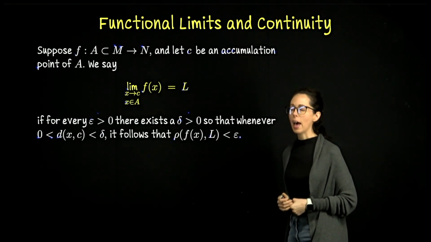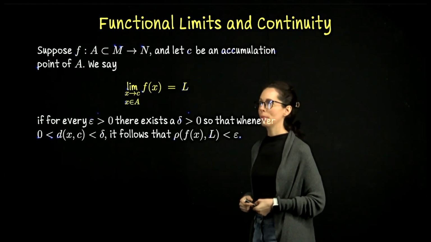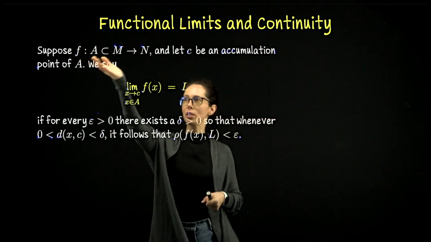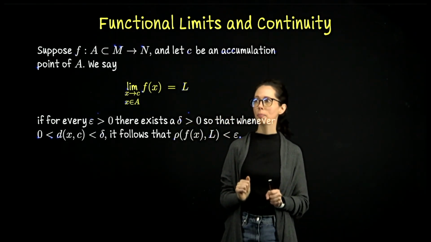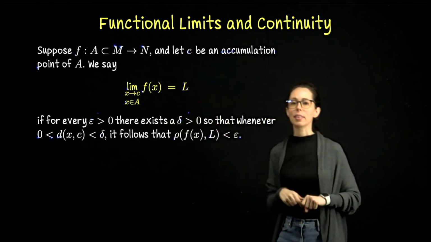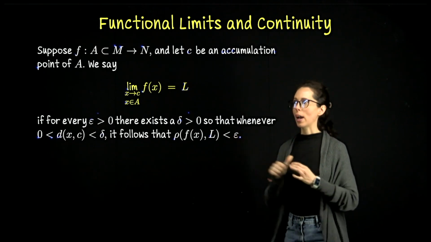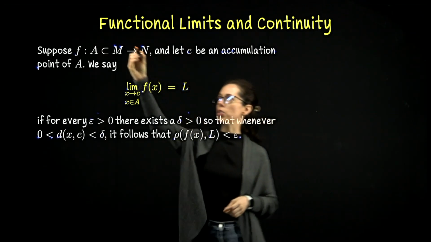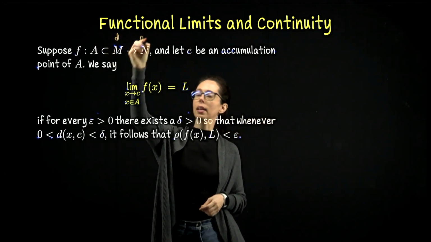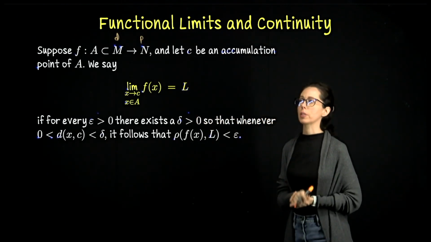So suppose that f is a map from a domain A, which is a subset of some metric space M, to another metric space, the codomain N. So hiding in the background are the metrics d and rho for M and N, respectively.